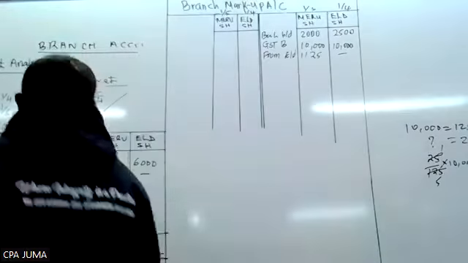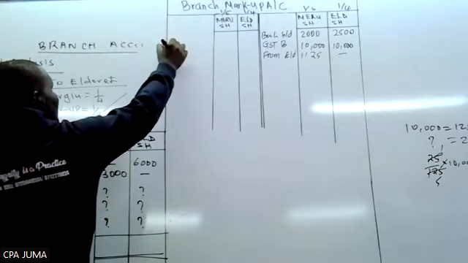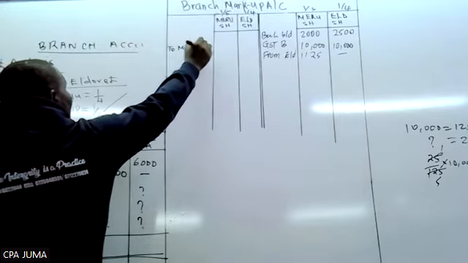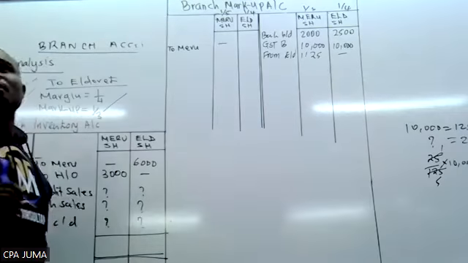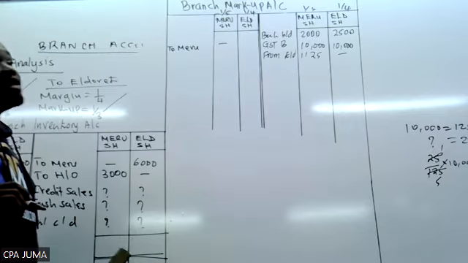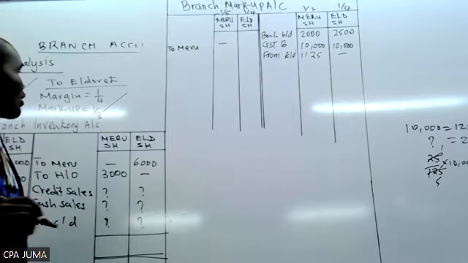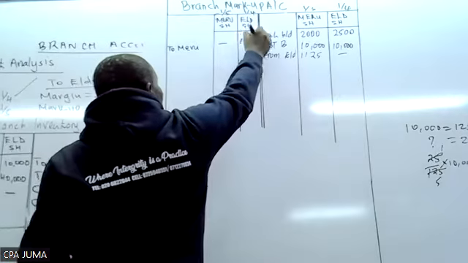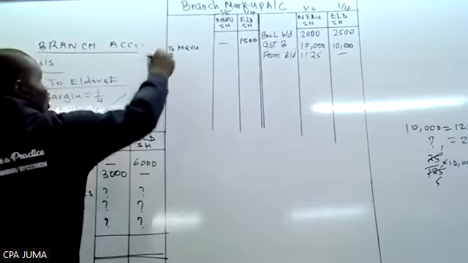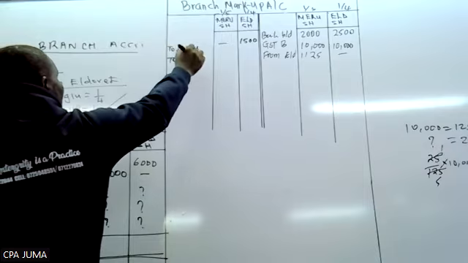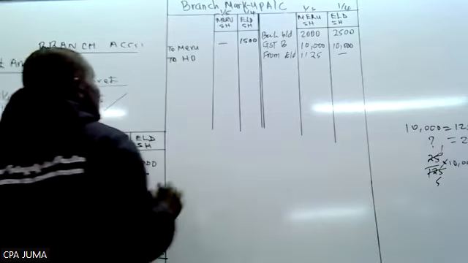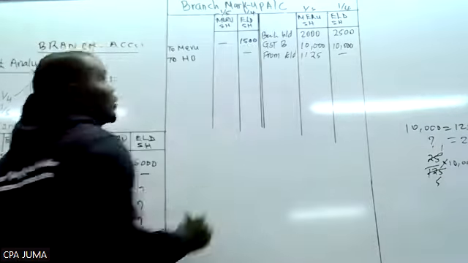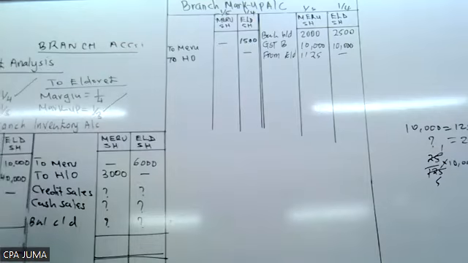So you come here and say, to Meru, the goods we sent to Meru had a profit of how much? 1,500, a quarter of the 6. To head office, who returned?